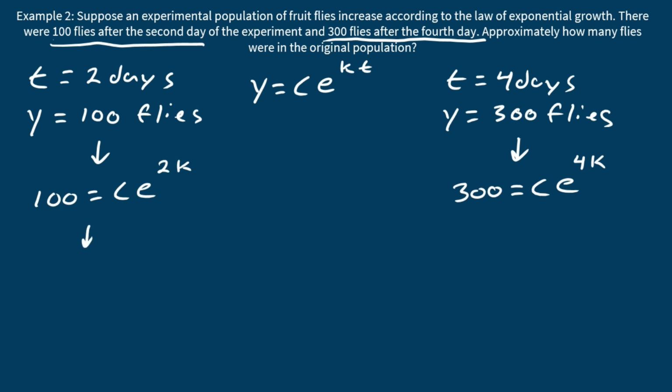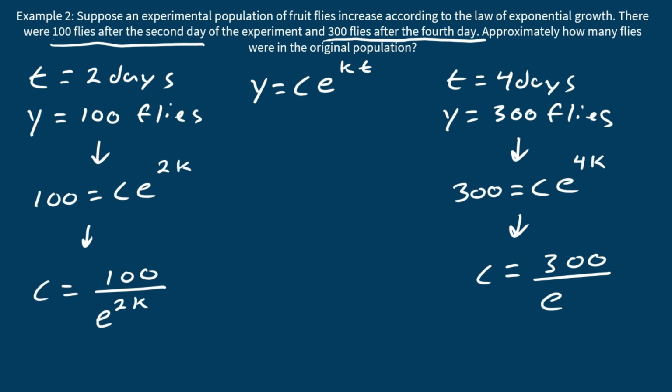If we were to solve for c or isolate c, what we'll have is that c is going to be equal to 100 divided by e to the 2k. All we did there is just divide e to the 2k to both sides. And if we do the same thing on the other side, what we'll have is c is going to be equal to 300 divided by e to the 4k, like that.